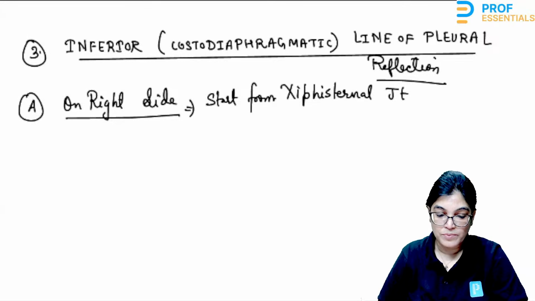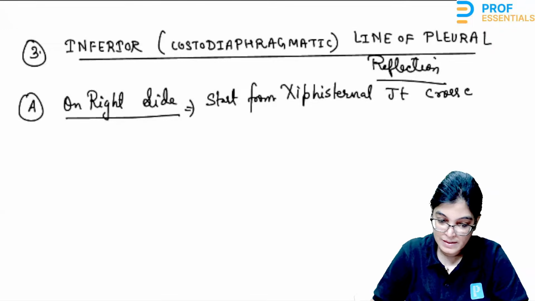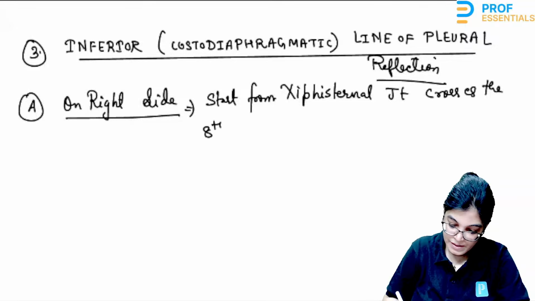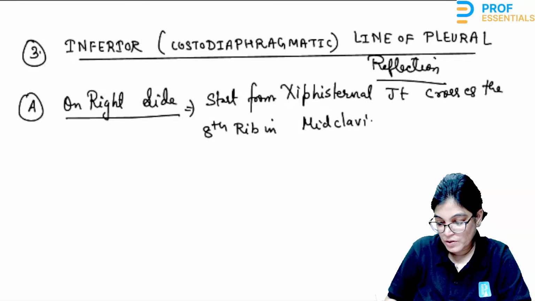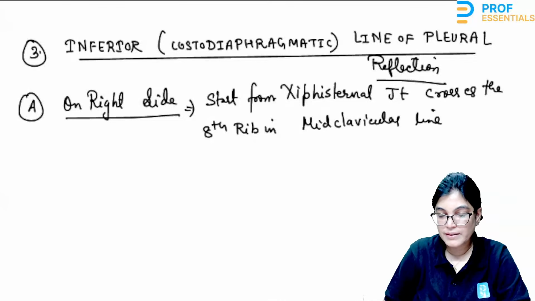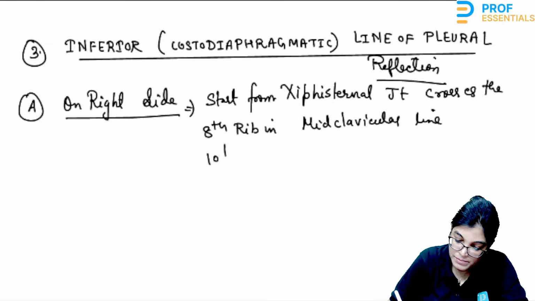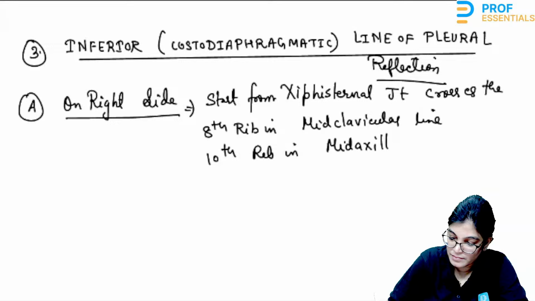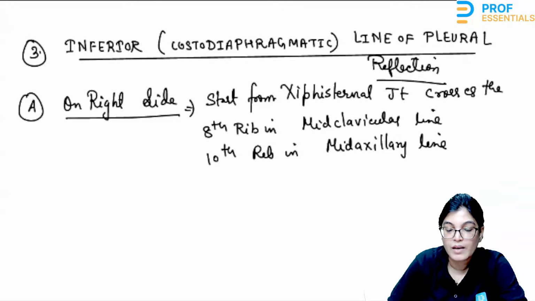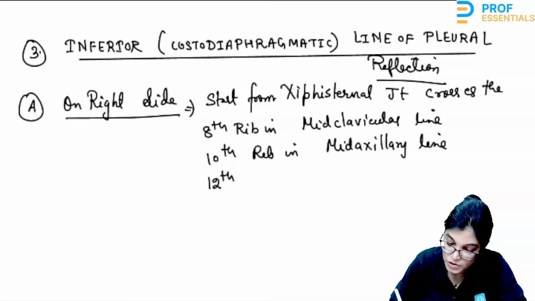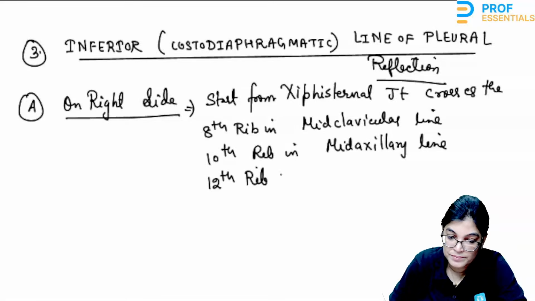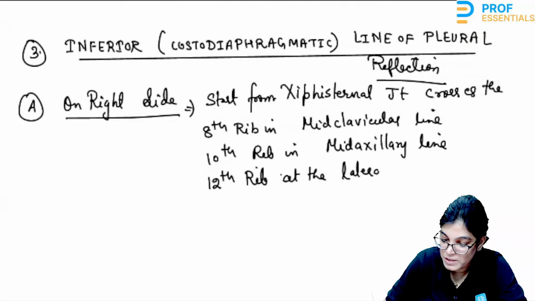It starts from xiphisternal joint or behind the xiphoid process and crosses the eighth rib in mid-clavicular line, 10th rib in mid-axillary line, and 12th rib at the lateral border of erector spinae muscle.